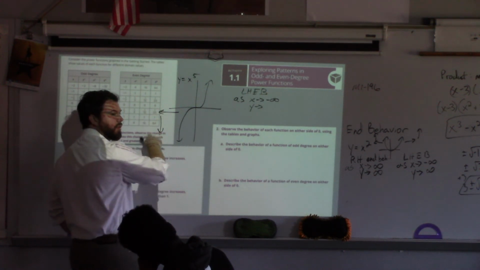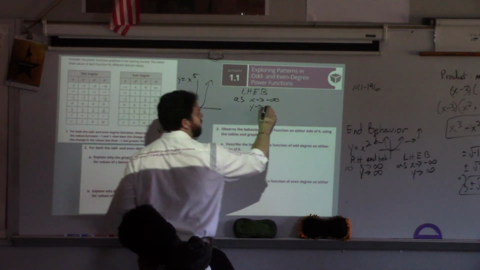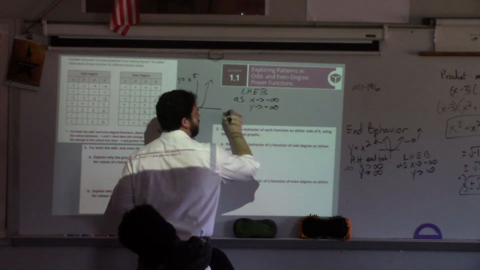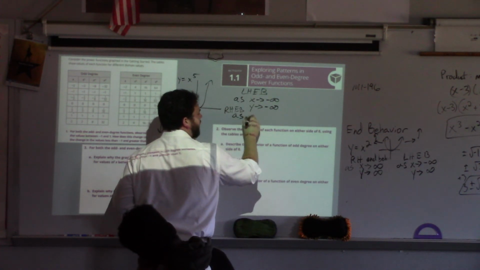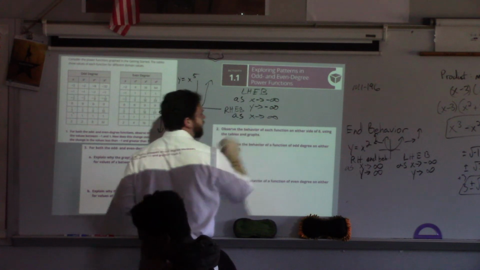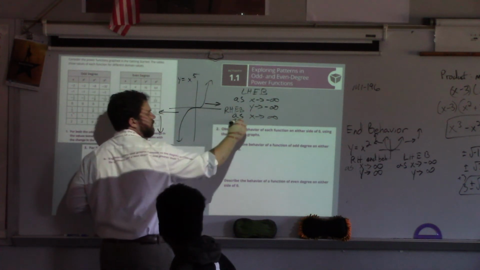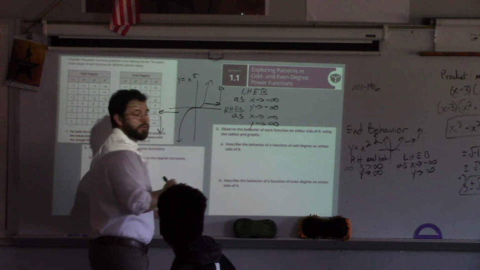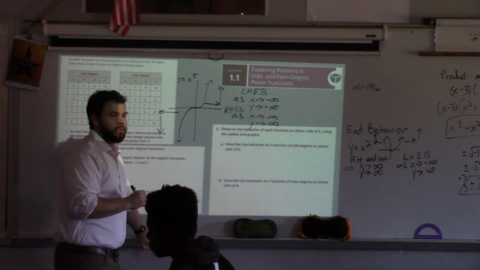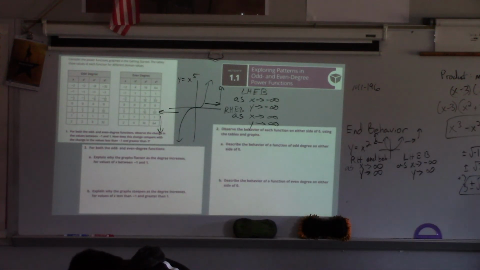Notice for x to the fifth, it's going down, so negative infinity. But as x goes to the right, towards positive infinity, what's my y going towards? I heard DJ say infinity. Do we all agree on that idea? Yes? That's the major concept we want to notice there.